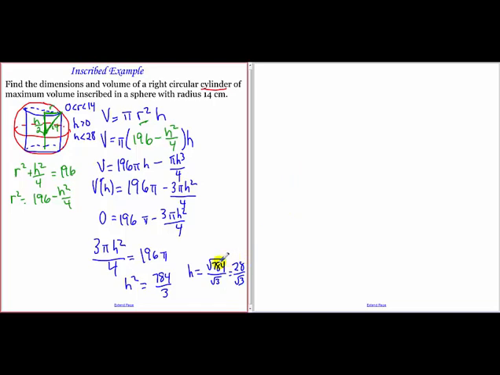Now I need to verify that that's a maximum. So let's find the second derivative and use our second derivative test. So our second derivative ends up being negative 3 pi h over 2. I evaluate that second derivative at my critical point in the first derivative.